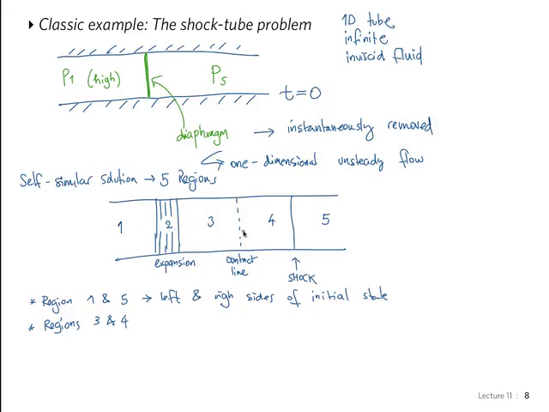So all of the conditions in region 3 are uniform, and also all the conditions in region 4 are uniform, but there's a difference between 3 and 4. Independent of x within the region. And region 2 has this x-dependent state, which is the expansion wave.